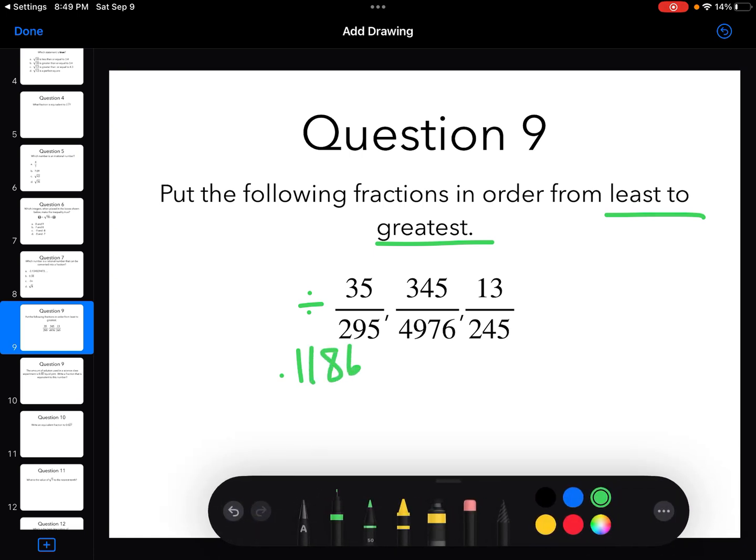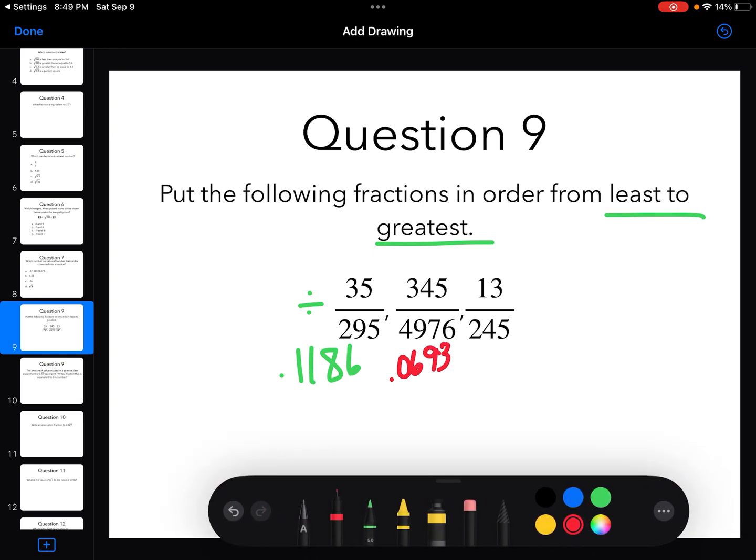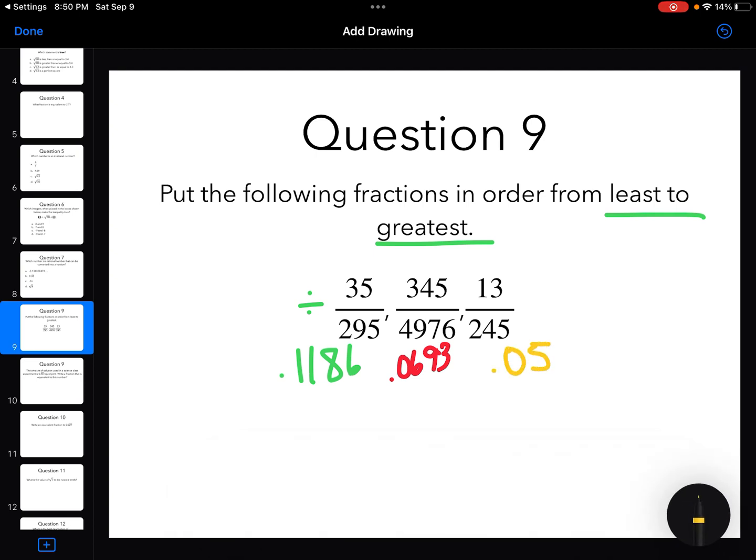Then I'm going to try the next one, 345 divided by 4976, and I get 0.0693. And then my last one, 13 divided by 245, and I get 0.0530.